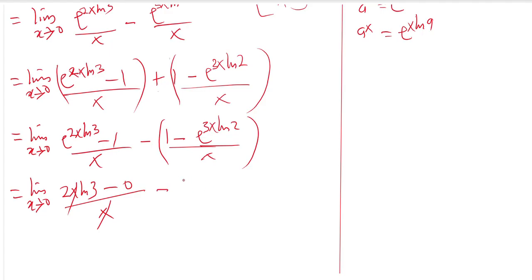Now minus the second part, the same, we have 3x ln 2 minus 0 all over x, and here x cancels out x. What we are going to have is 2 ln 3 minus 0 will give us 2 ln 3, minus 3 ln 2 minus 0 will give us 3 ln 2.